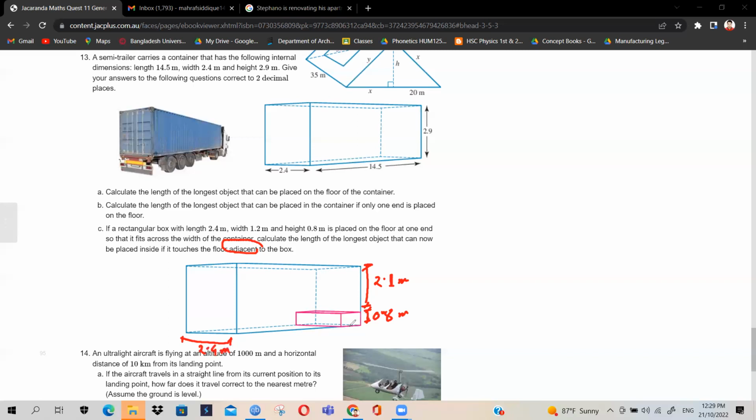And the other side is 1.2 meters, that is this side. If this is 1.2, then the remainder would be 13.3 meters.